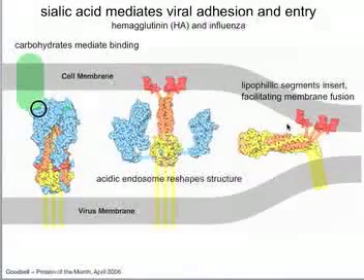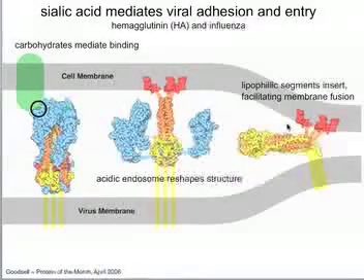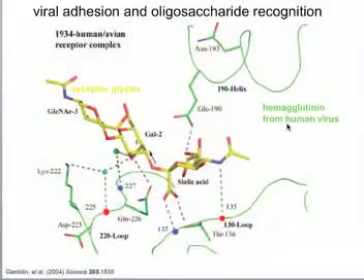So again, in this case, we're not talking about how the immune system recognizes infected regions or infecting agents. We're talking about how the infectious agents themselves utilize carbohydrate structure on the surface of their target cells to gain entry. I have a couple more structures to show you about viral entry.